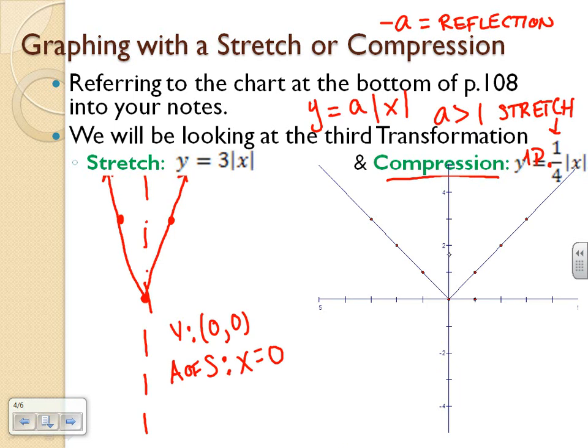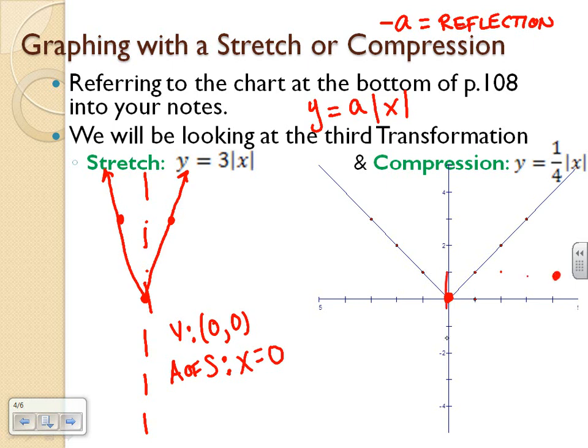So we take our original parent function, and because there is no addition or subtraction inside or outside, our vertex stays at 0, 0. And now our slope becomes 1/4. So we're going to go up 1, but right 1, 2, 3, 4.